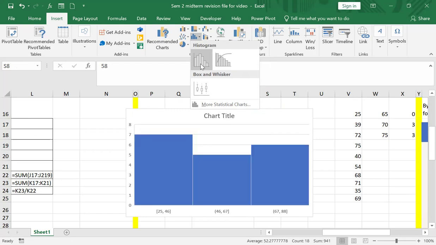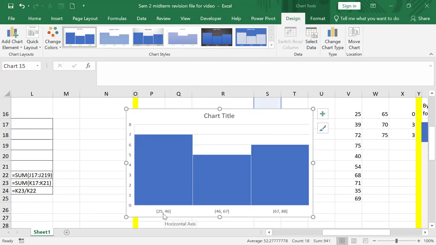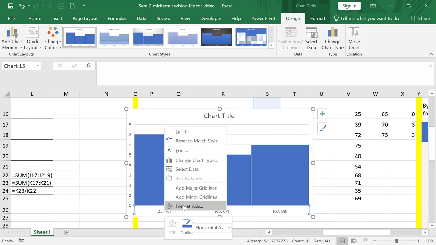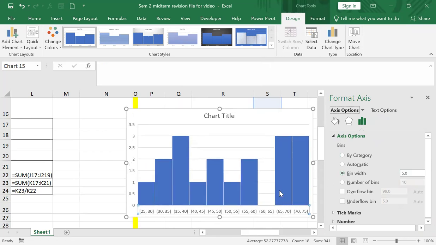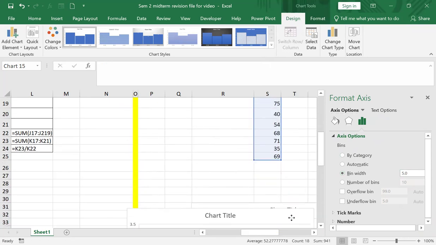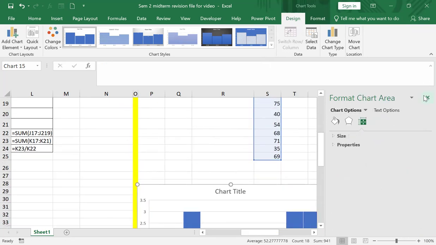So I'm choosing this one, and it selects the bin width automatically. I do not want that because the question says bin width should be 5. So click on this one, right click, Format Axis. The bin width is automatic, so far 21. I want you to make it 5. So you'll get the histogram like this. Close this one.